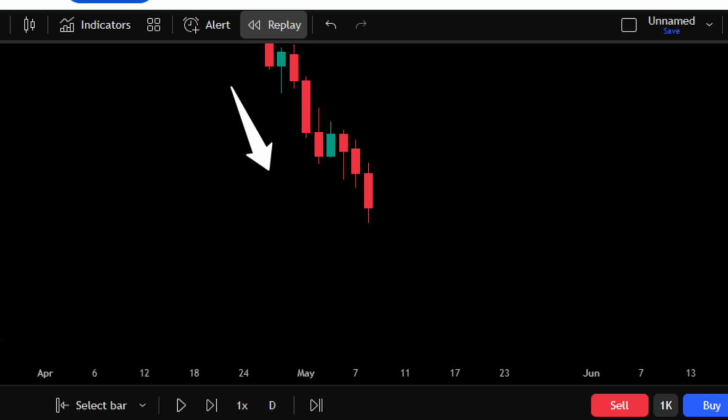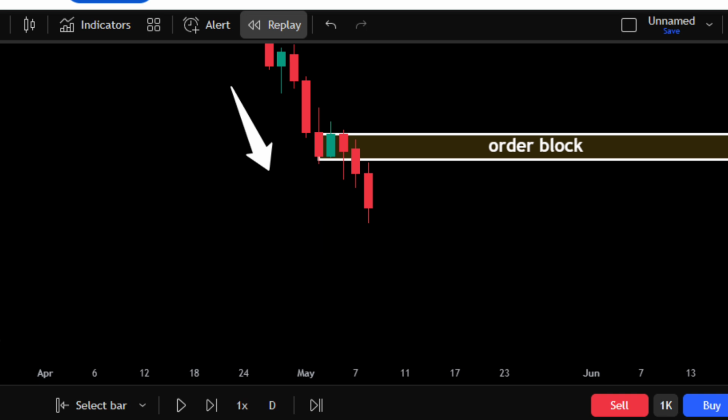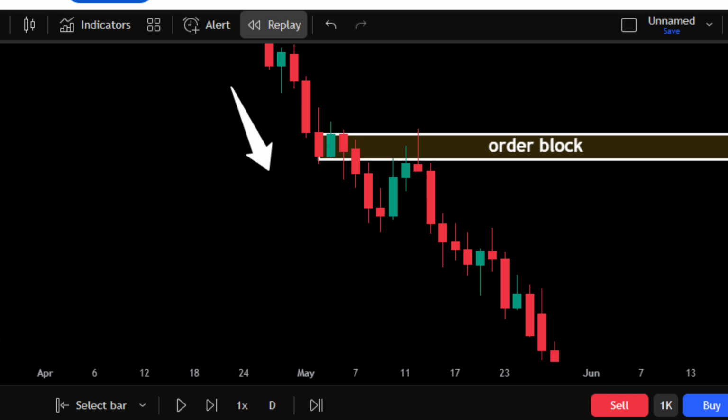In a downtrend, it's the last bullish candle before a strong bearish move. Why is it important? Because that's where big players have placed their heavy orders.